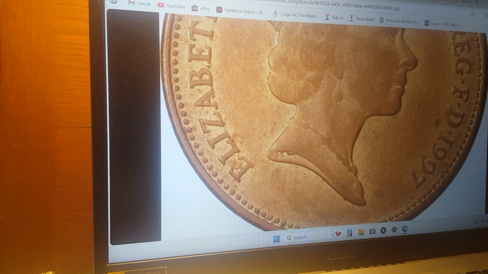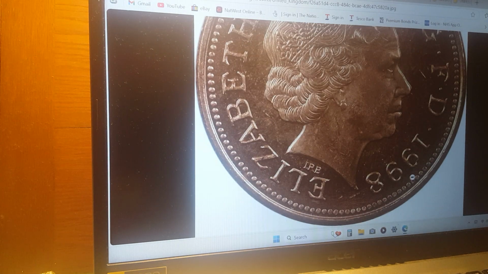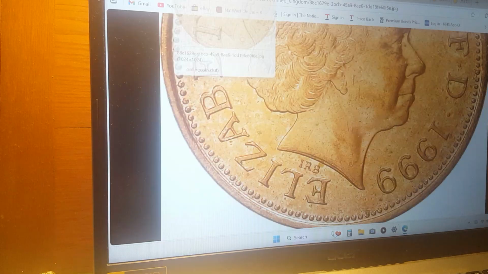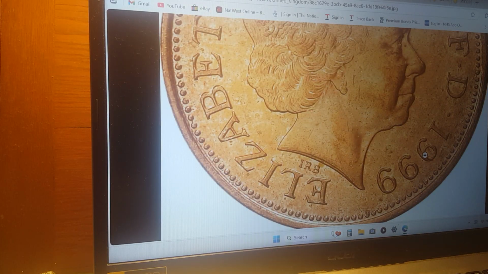Yeah, I was going to say 1997. 1998 closed, and 1999 are closed. But look at the difference now. Look at the big difference. And we go to the 1996, all closed. Again, I haven't gone on further than this.